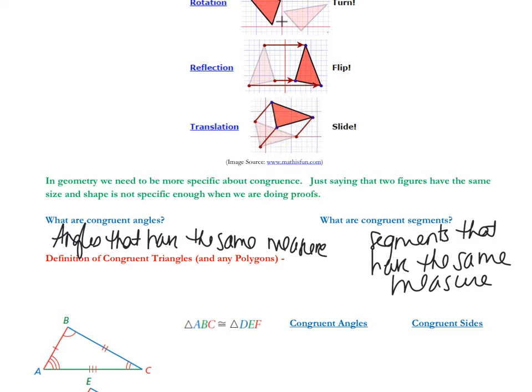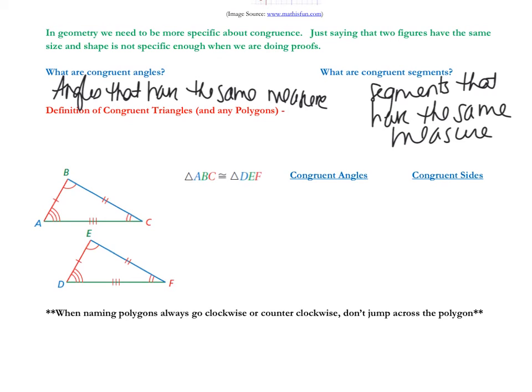If we look at the example below, we're going to list some congruent angles and congruent sides. Remember that these tally marks represent which one it's congruent to. There's one tally mark here, one tally mark, so those two are congruent. Two here, those two are congruent. And you need to make sure that you follow order.